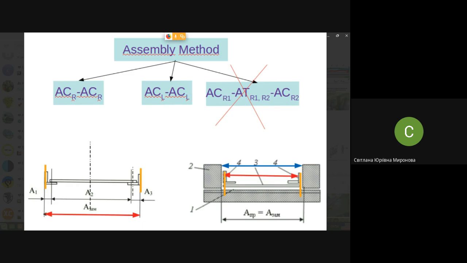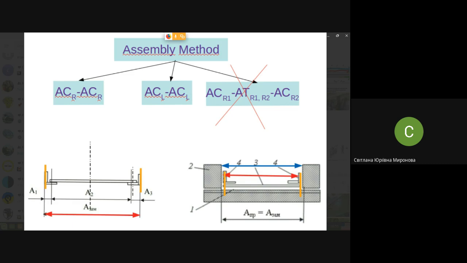On the left, it depends immediately on the sizes of parts A1, A2, and A3. On the right, you see a dimensional chain which consists of the size of the jig, the clearance between the jig and the left cap, and the clearance between the jig and the right cap. And each time this dimensional chain is closed with the size of the spar itself.